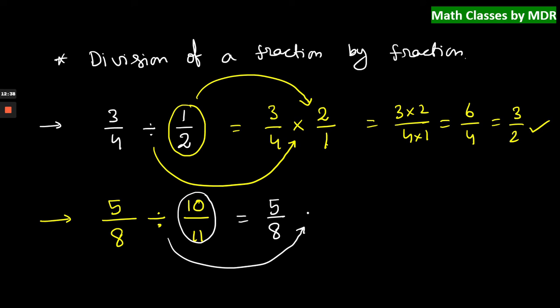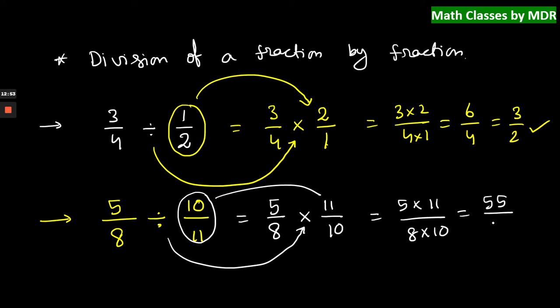So this division becomes multiplication. This becomes 11 by 10. That is, the reciprocal of 10 by 11 is 11 by 10. So that 5 into 11 by 8 into 10, which is equal to 55 by 80. So this is 11 fives and this is 16. So which is equal to 11 by 16 will be the answer.